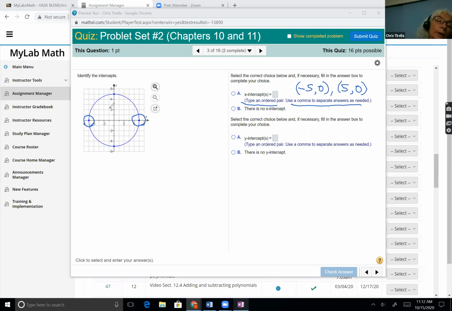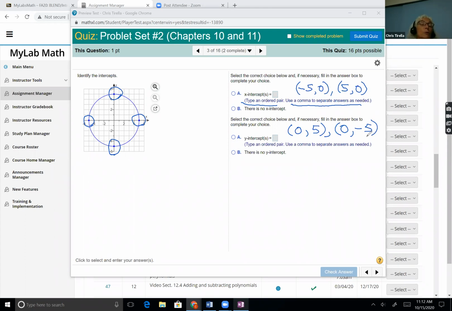And then my y-intercepts are going to be points on the y-axis. They'll have an x value of 0. This upper one has a y value of 5, comma in between the points. The next one, again, has an x value of 0. The y value is -5.